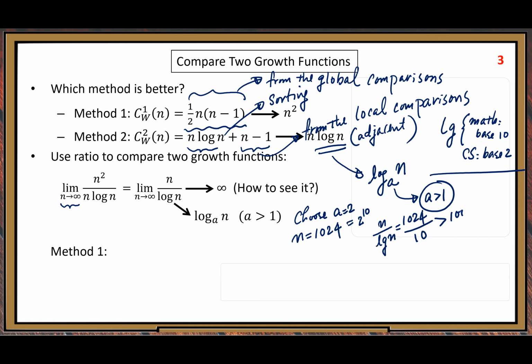The ratio is greater than 100. So you see the difference of these two functions. Let's try another one, approximately 1 million. How about that?